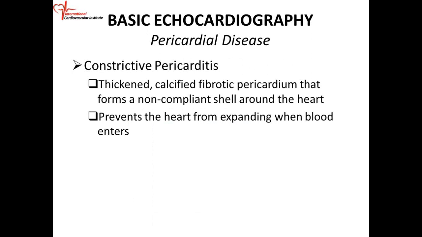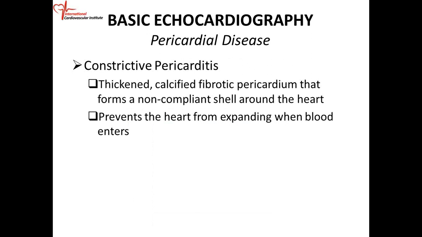Now, constrictive pericarditis. They love constrictive pericarditis on echo in any exam that includes cardiology. With constrictive pericarditis, what happens is you may have repeated pericarditis, or you may have blood or something in the pericardial sac, which causes the pericardium to become fibrotic, thick, and stone-like.